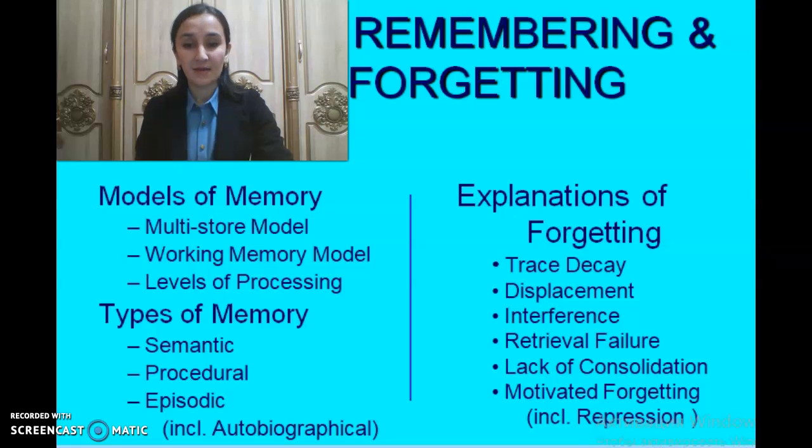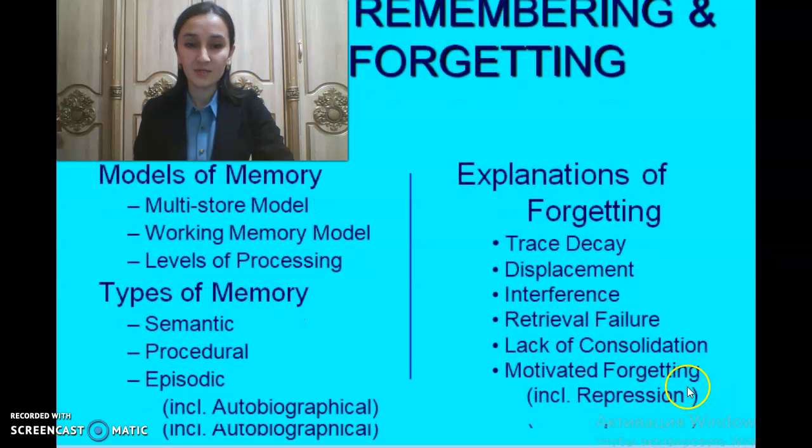They are semantic, procedural, and episodic. And what about the explanations of forgetting? We have the terms trace decay, displacement, interference, retrieval failure, lack of consolidation, and motivated forgetting. As for me, I'm really interested in motivated forgetting. So how can forgetting be motivated? Okay, you will see it later.